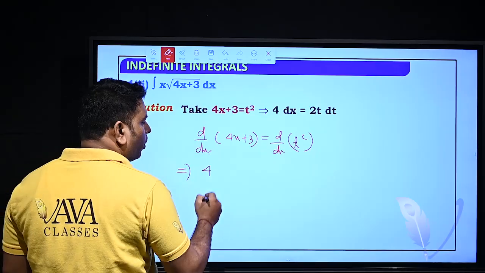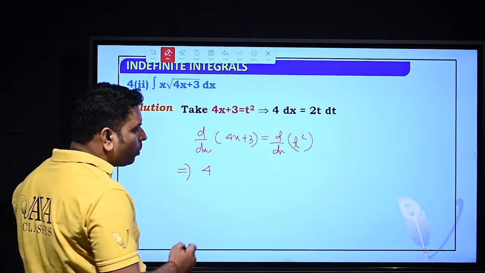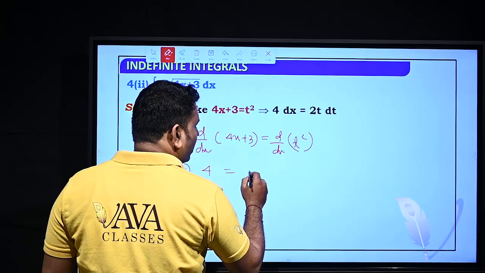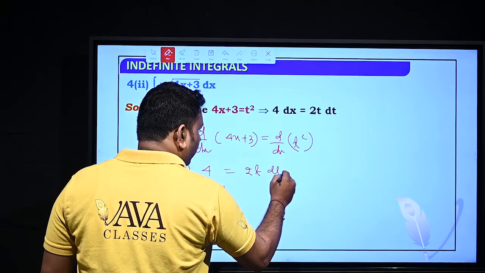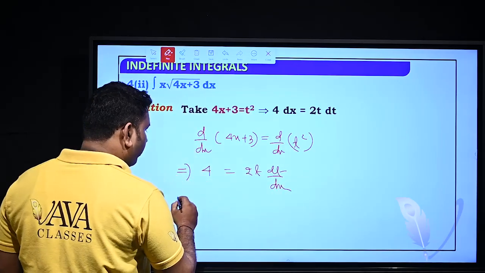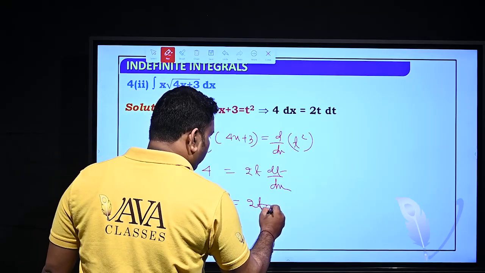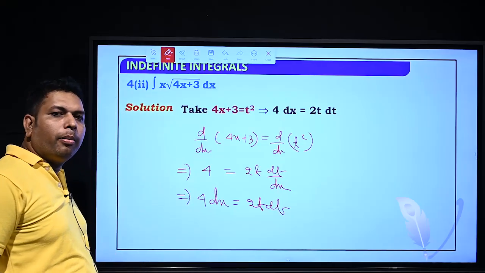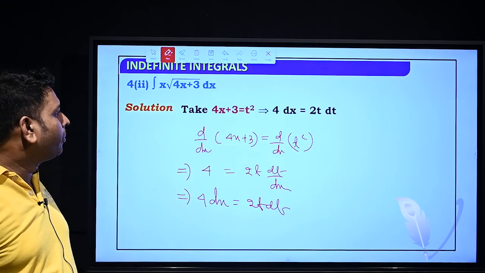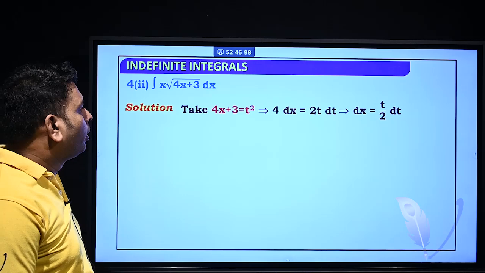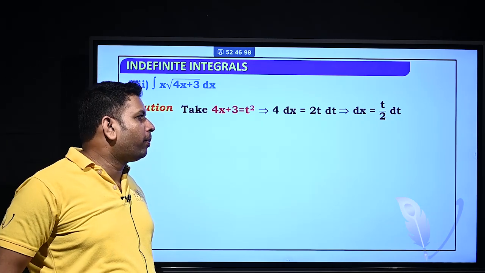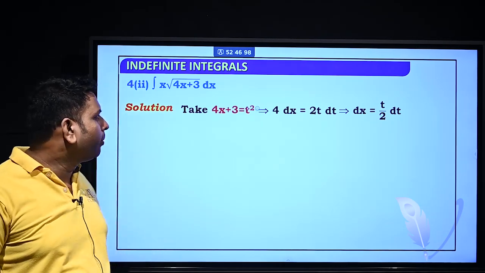The derivative of 4x is 4, the derivative of 3 is 0. So 4 equal to d by dx of t square, which is 2t dt by dx. So 4 dx equal to 2t dt. So dx equal to 2t by 4 dt, that is t by 2 dt.